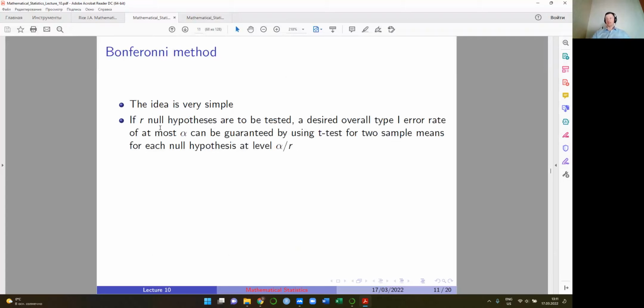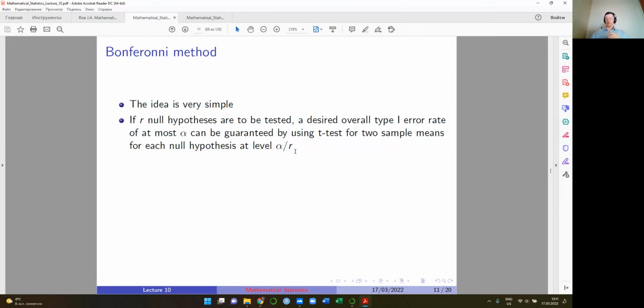If we test some number of null hypotheses, a desired type 1 error rate of at most alpha can be guaranteed if we use the t-test for two sample means at the level alpha over r. What does this mean?